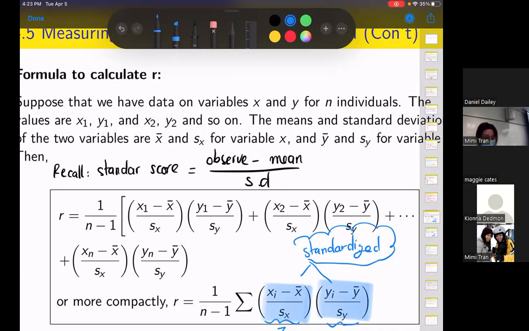Let me remind you. I'm not sure people here can see, so I'm going to draw something on the board. When you have a normal curve, say the IQ score average is 100 and the standard deviation is 15, what do I do to get to a curve that is normal with mean 0 and standard deviation 1?